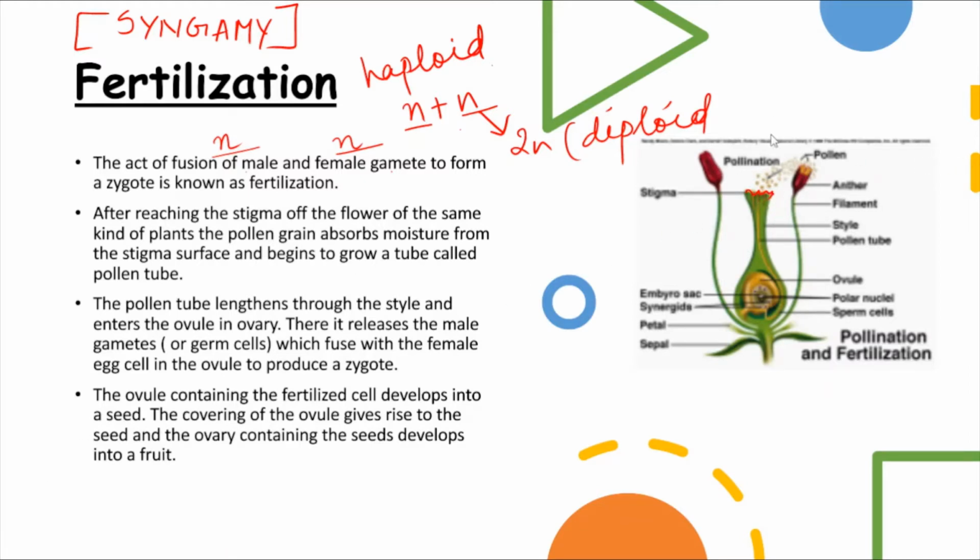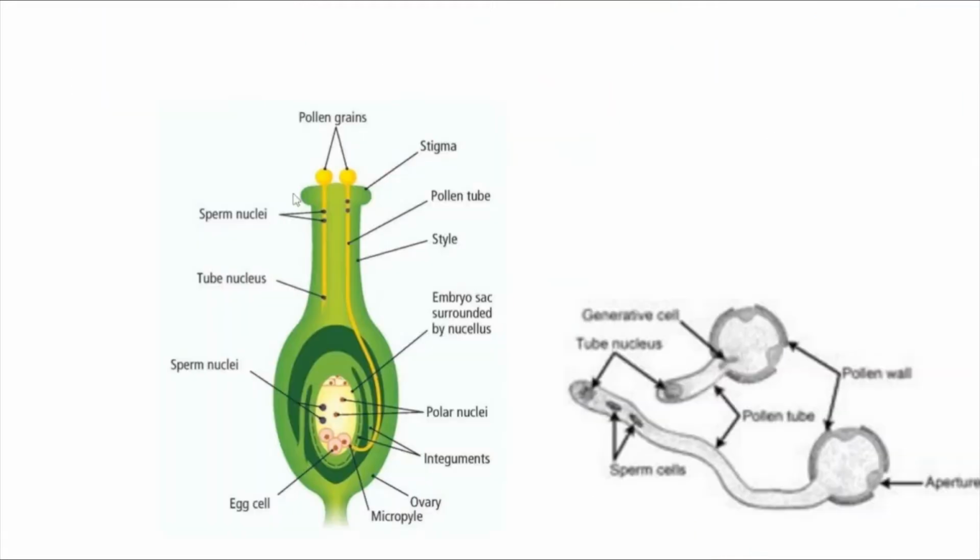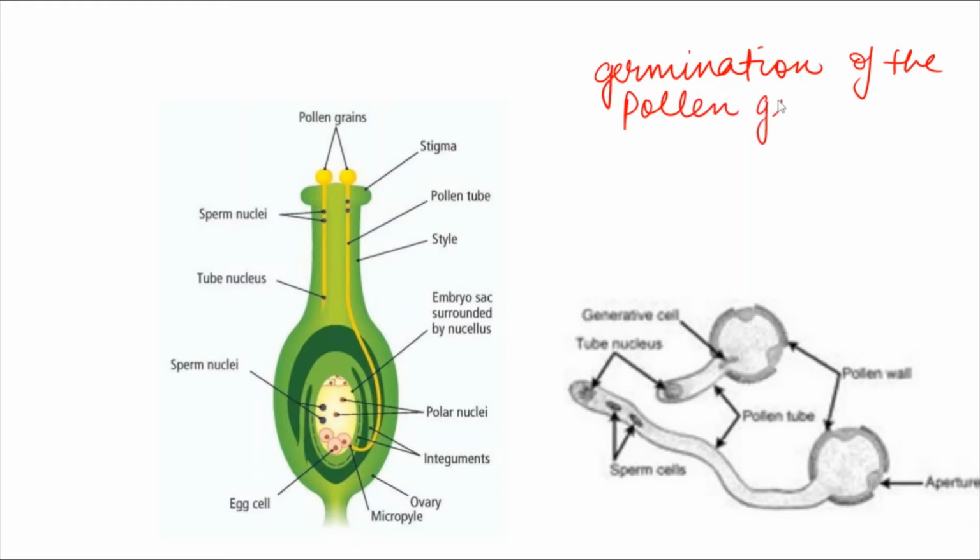Once it starts absorbing water, it undergoes a process called germination of the pollen grain. Now during germination, what happens? A protuberance is formed. You can see this elongation of the pollen grain takes place through the germ pore.